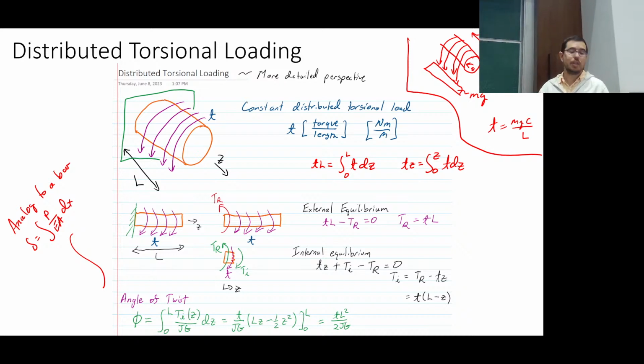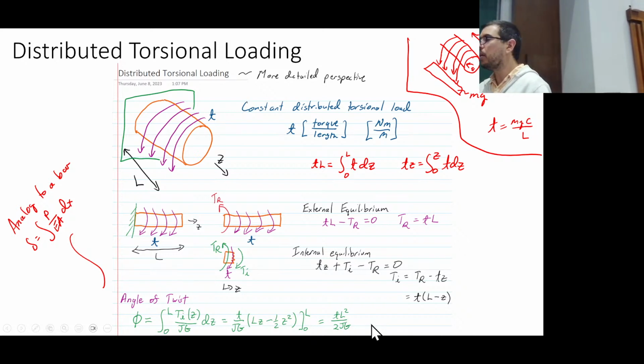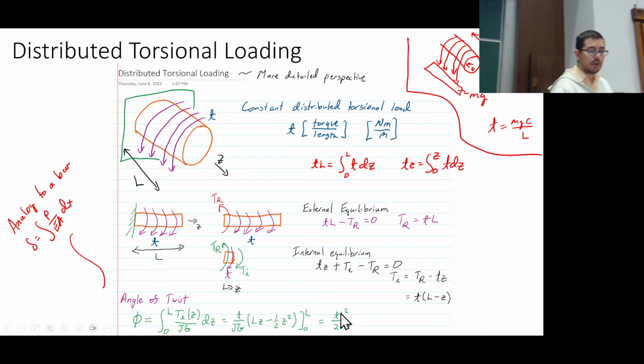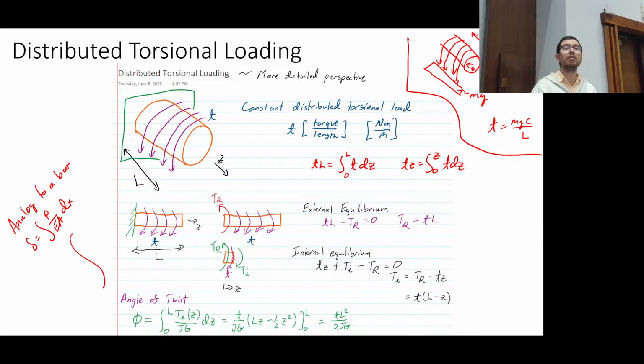So this is kind of analogous to that, except we have a J here. In the case of the hanging bar, because of the way that distributed force was working, it was rho G A. The areas canceled out, so we didn't have an area dependence. Here we have a J dependence. But depending on how you would define your T, it's possible that the J dependence could pop out. Any questions on this?